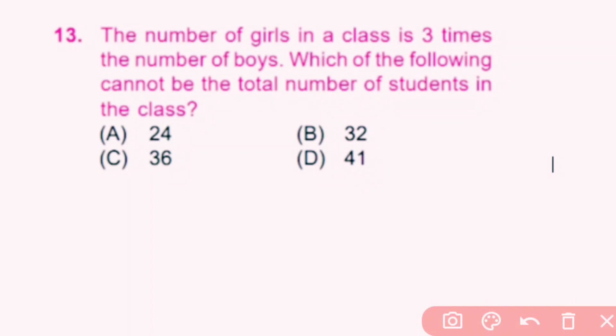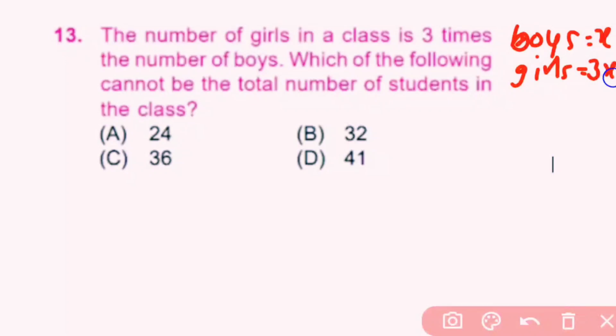Question number 13. The number of girls in a class is 3 times the number of boys. Which of the following cannot be the total number of students in the class? Here we take the number of boys as x. And for girls, 3 times the number of boys means 3x.